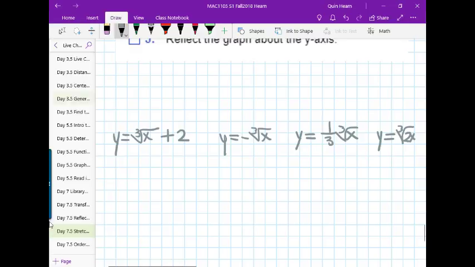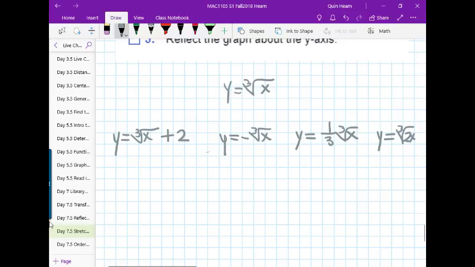So we have 4 different functions. They're all based on the parent function, the cubed root of x, but I'm not going to graph it. I'm just going to identify what type of transformation we have.